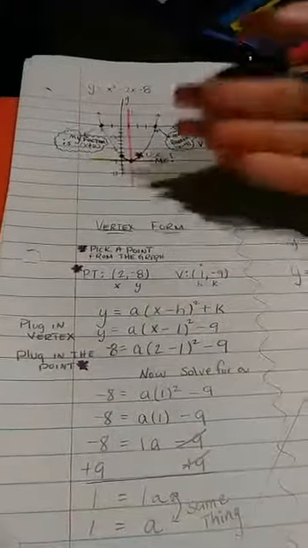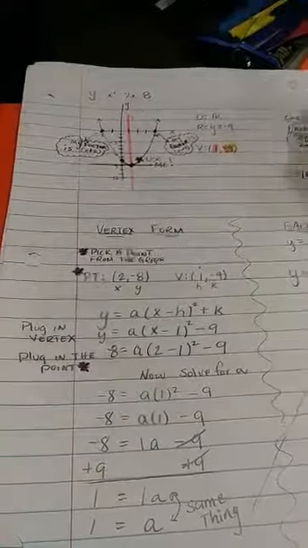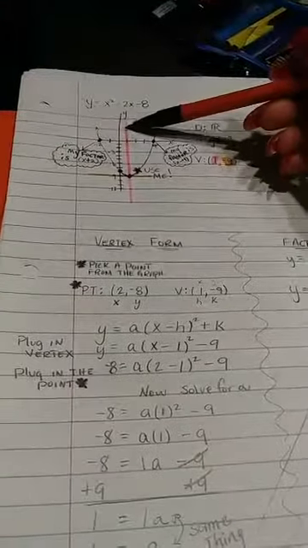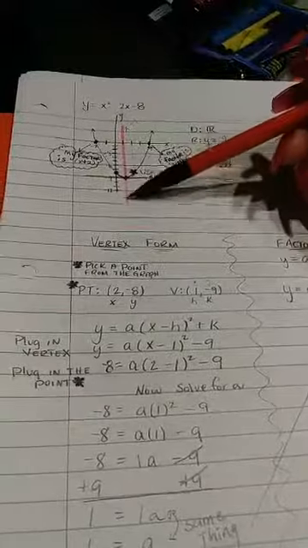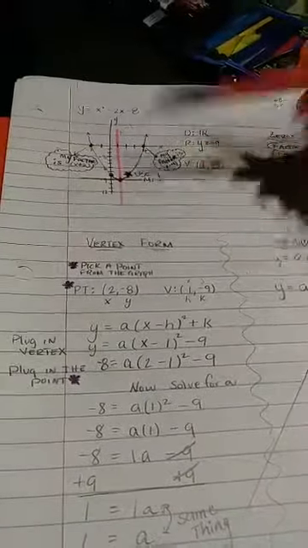Now, we're coming out of Algebra 1, guys, into Algebra 2. So, you should already know that x equals 1 is the axis of symmetry, and that's a vertical line.